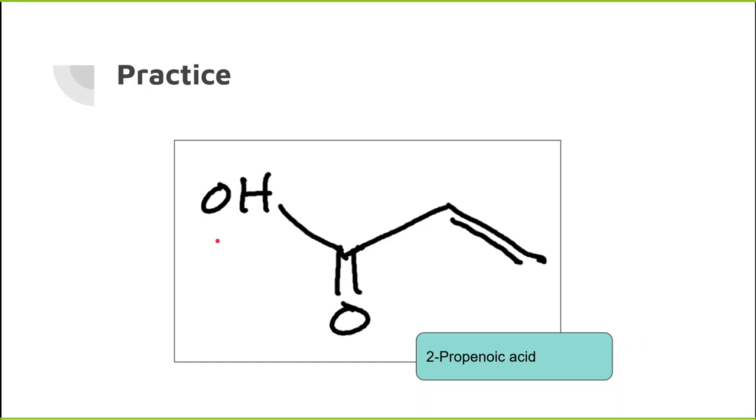Yes, 2-propenoic acid, because you've got the double bond here. So we've got 1, 2, 3 carbons. And the double bond, you always start numbering at the carboxyl carbon as number 1. So the first carbon in the double bond is on the second carbon. So that's 2-propenoic acid. Good.